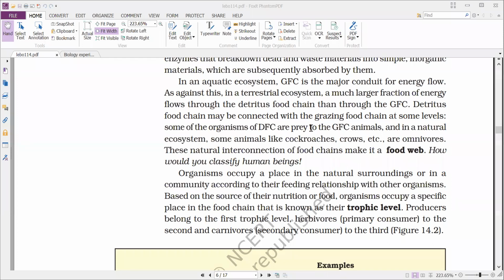When you observe, the snake not only feeds on the bird, it also feeds on the frog, and the frog in turn feeds on some small insect, and this insect feeds on certain plant material. So that is another food chain: plant, insect, frog, snake, and the eagle. That is one food chain.